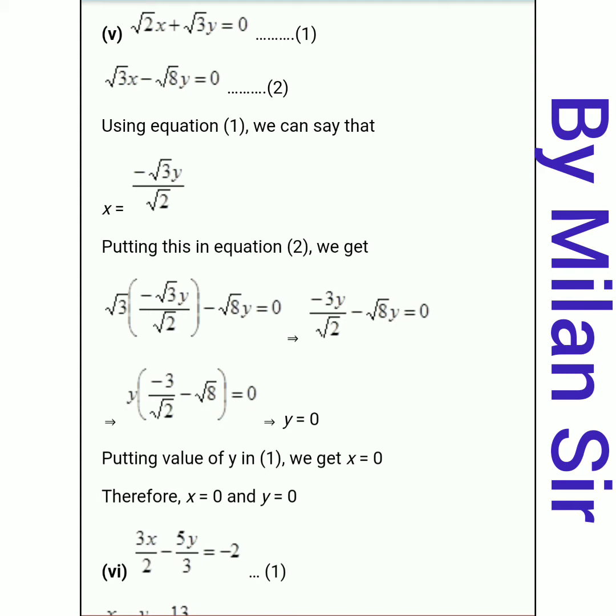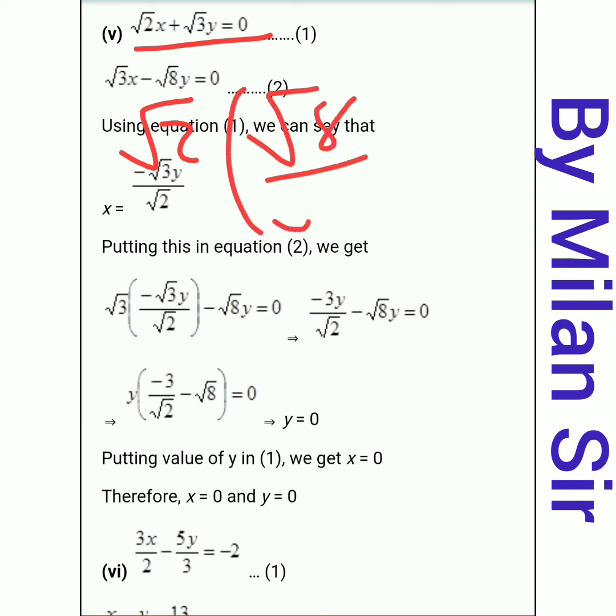Now what is our first equation? It's √2x + √3y = 0. So put the value of x here. What is our value of x? It is √8/√3 times y, plus √3y is equal to 0.